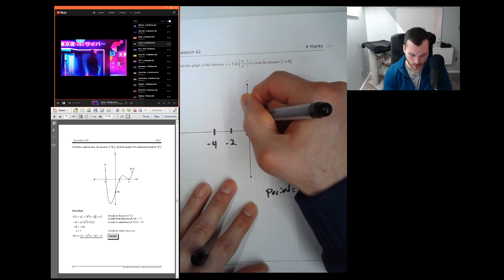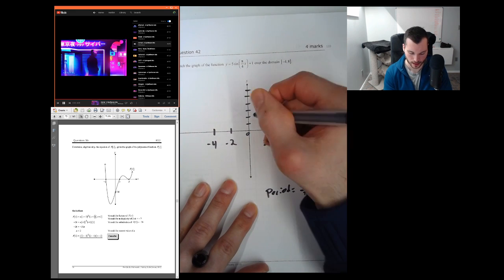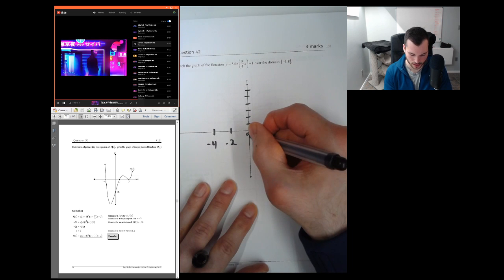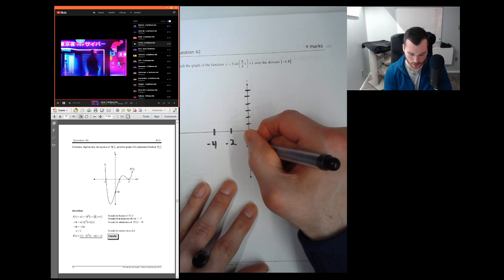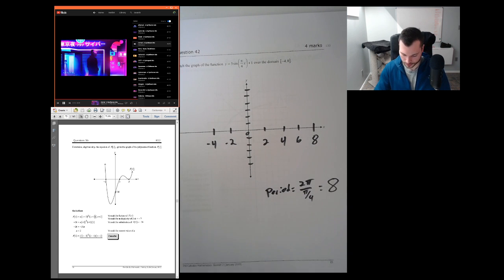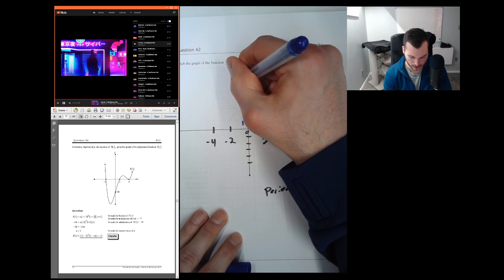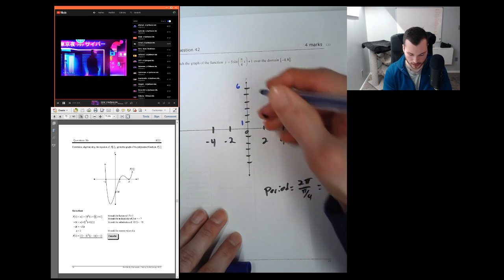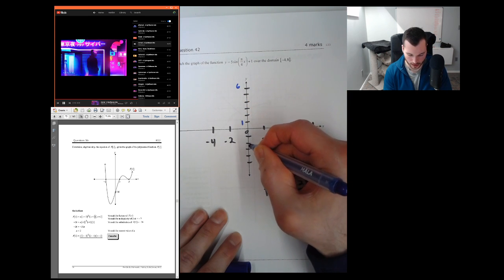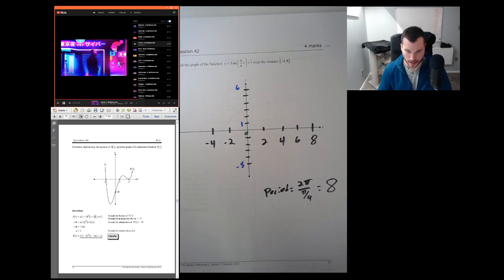So 1, 2, 3, 4, 5, 6. My midline is 1. So 1, 2, 3, 4, 5, 6 as well. Okay. So I'm going to give this coordinate as 1. That guy up there is 6, I think I said. 1, 2, 3, 4, 5, 6. Good. -1, -2, -3, -4, -5. Okay. Sounds good to me.